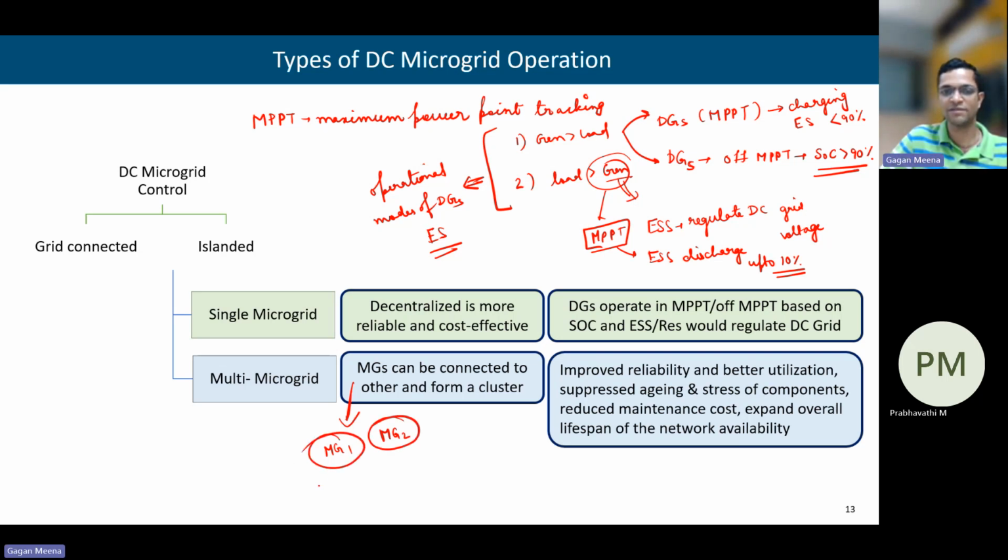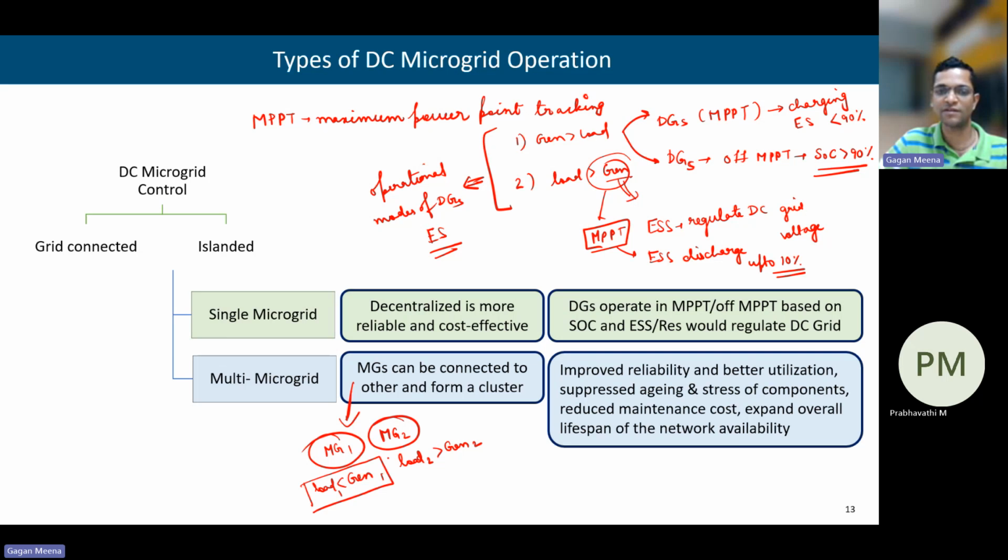Let's say MG1 has load 1 less than generation, and MG2 has load 2. Here load 2 is more than generation in microgrid 2.